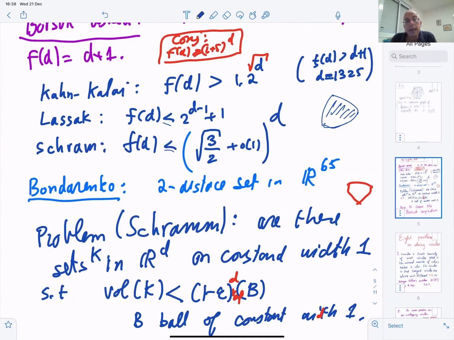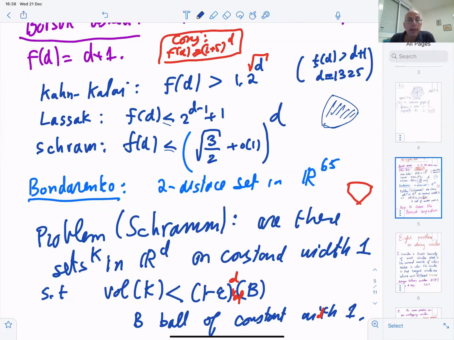Although this does not refute the conjecture for small values of d, because of the asymptotic behavior, eventually it overwhelms the linear function d+1, and we showed that when d is 1,325, then the Borsuk conjecture is no longer true.